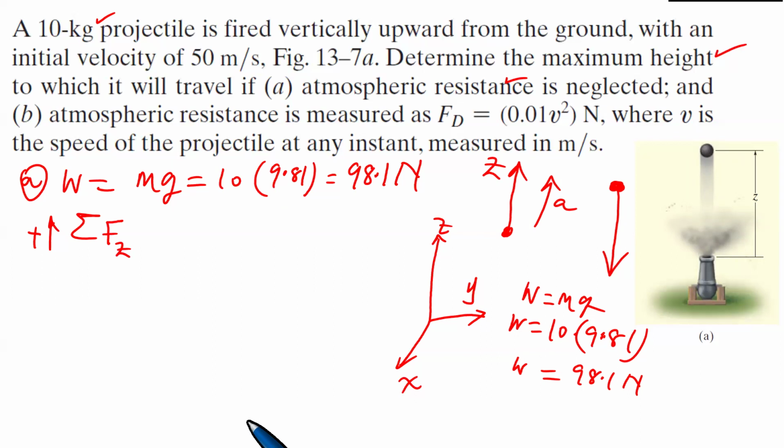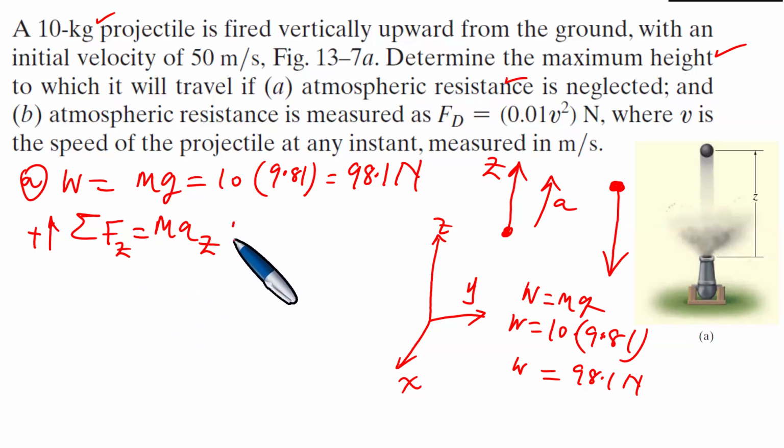Right, so the meaning of all this is really saying, what then would the sum of the forces be? By Newton's second law, it will be mass times acceleration in the z direction.